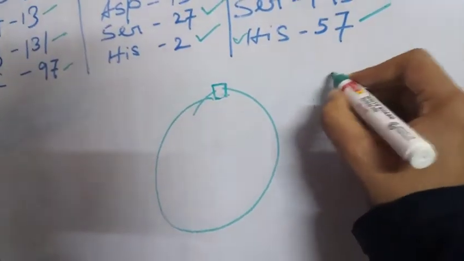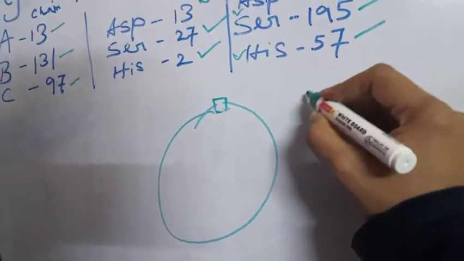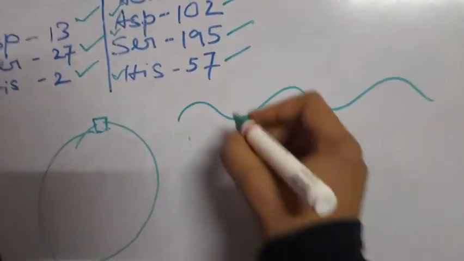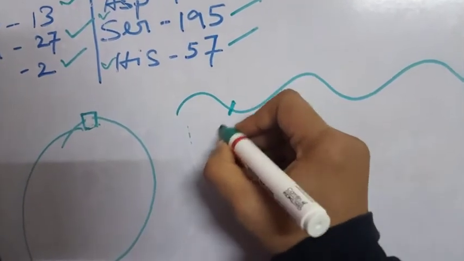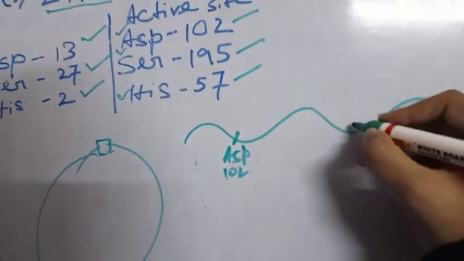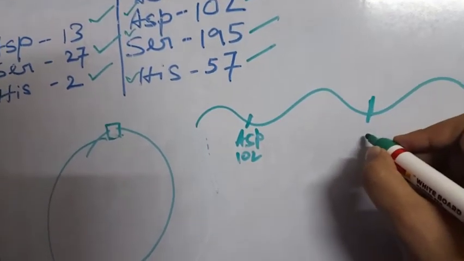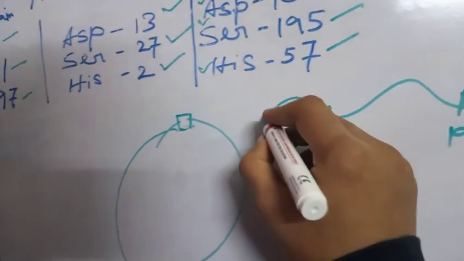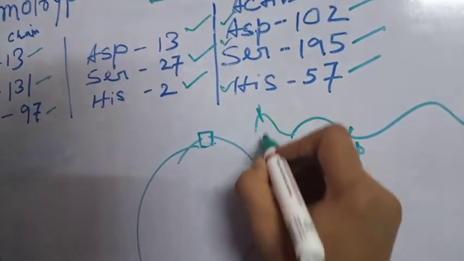Let's take that example. When they are first being synthesized, this is a naive protein. The aspartate at 102 position, serine was at 195th, and histidine at 57.